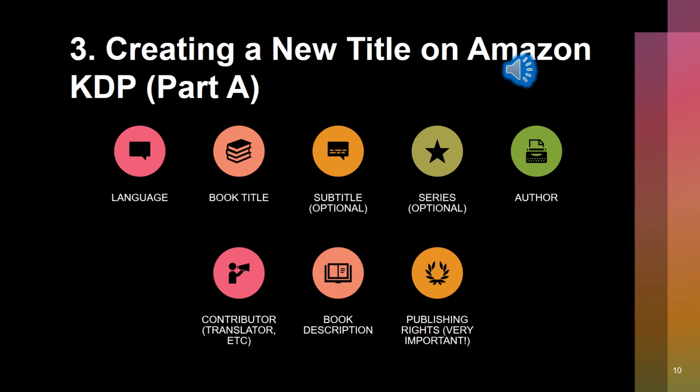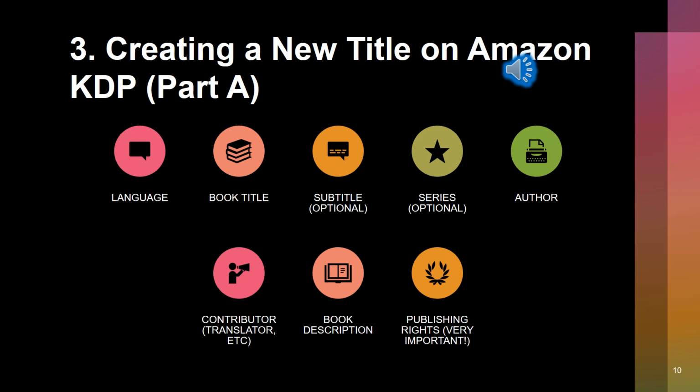You're allowed to, but you have to select yes, this book contains sexually explicit images or language. But in this case, no. So you just scroll down. Primary marketplace, as I said, leave it on Amazon.com, because this book is in the public domain worldwide.